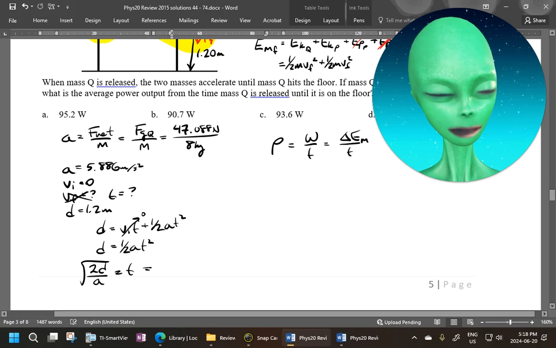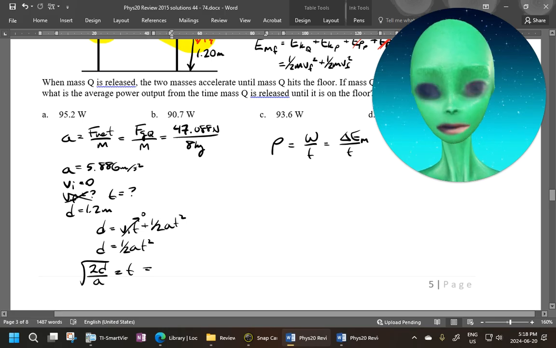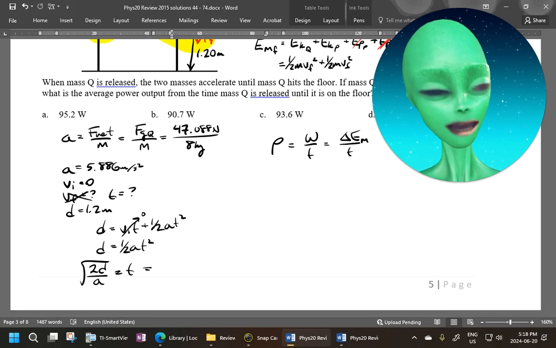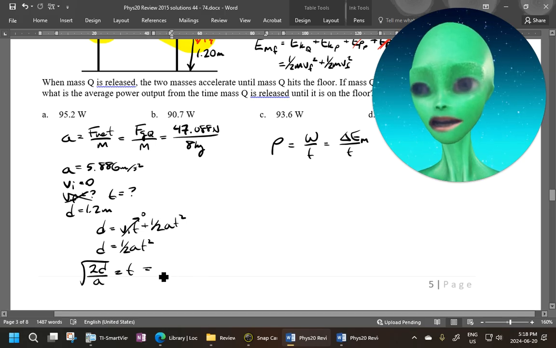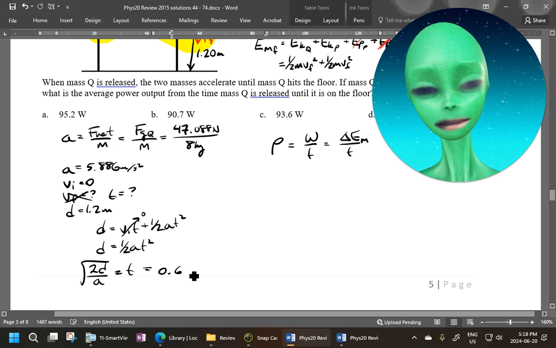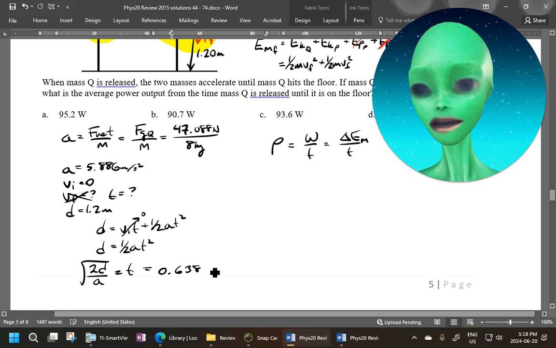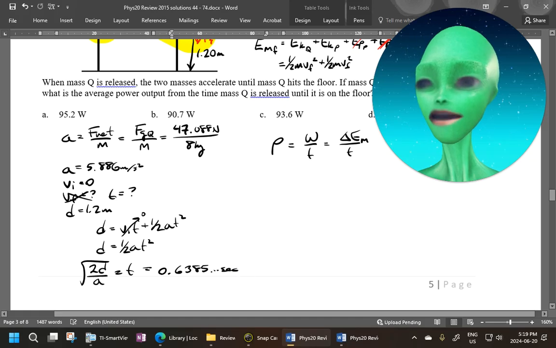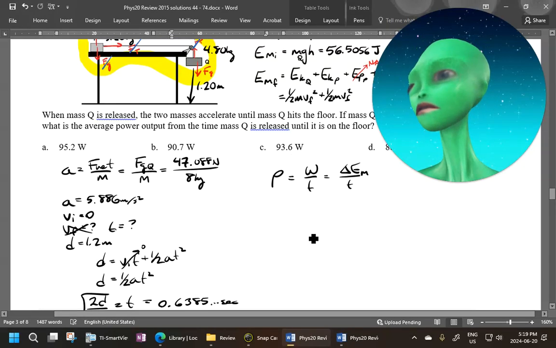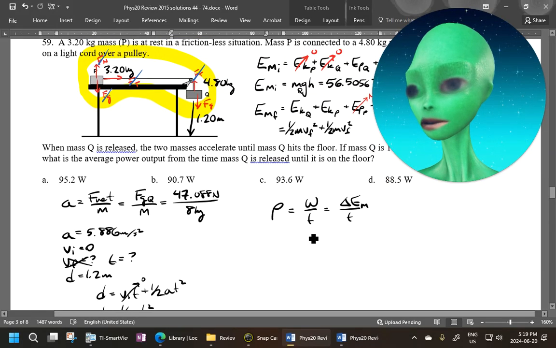So times by 2 times 1.2, divide by a, take the square root. So the time here is 0.638 seconds.